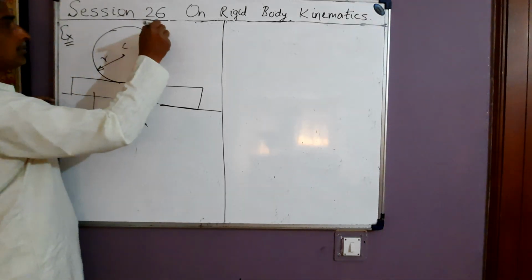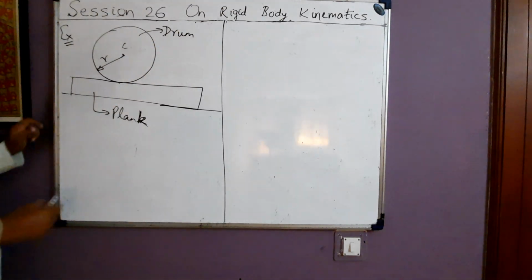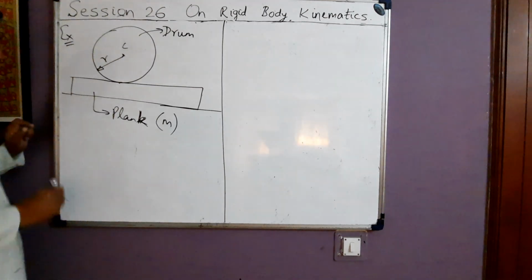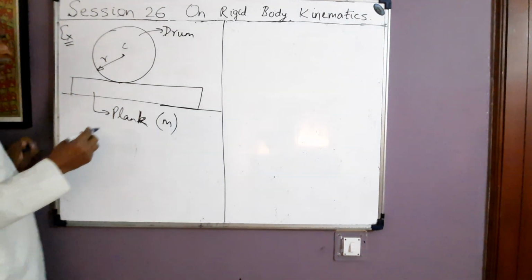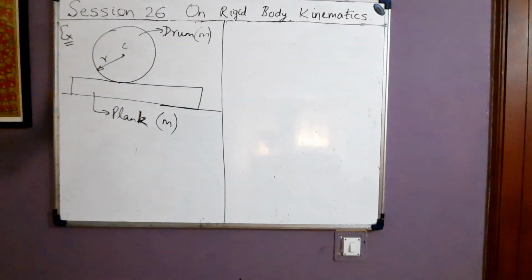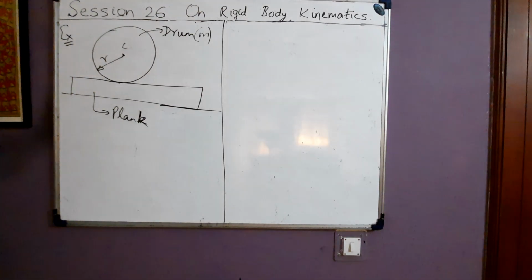This is a circular drum. The plank is denoted by P itself.